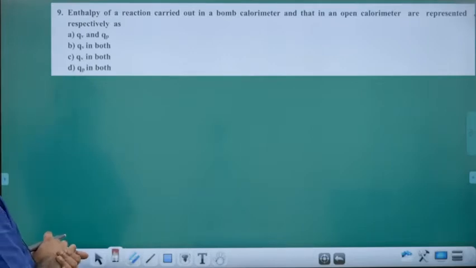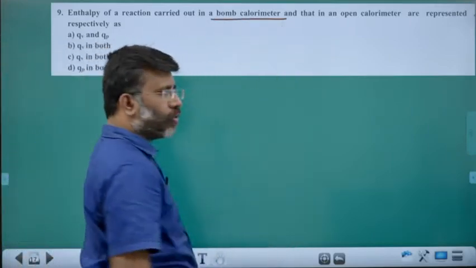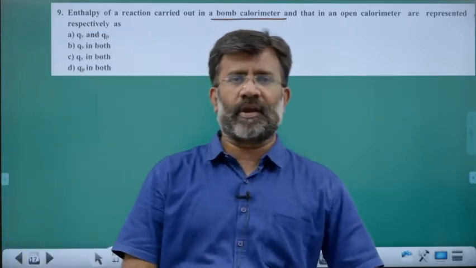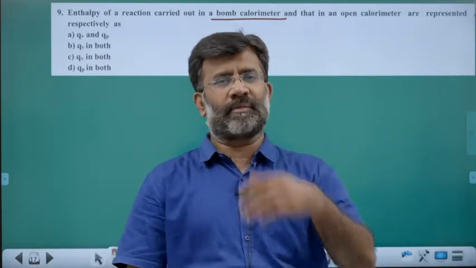Enthalpy of a reaction carried out in a bomb calorimeter and in an open calorimeter. Bomb calorimeter is an example of a closed calorimeter where the volume remains constant, and in an open calorimeter the pressure remains constant.